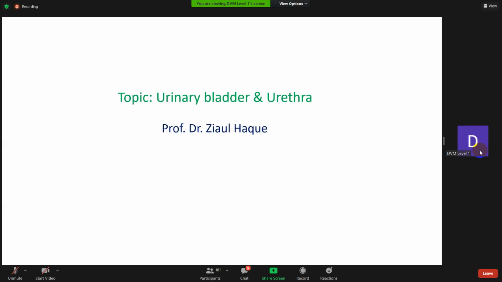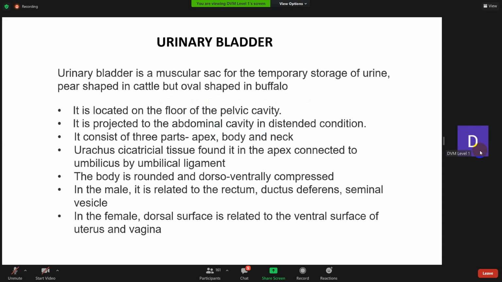And now I would like to begin today's topic, urinary bladder and urethra. You know what is urinary bladder? Bladder means a sac. Of course, it is a sac, but it is a muscular sac. It is composed of only muscle, and that is the smooth muscle.